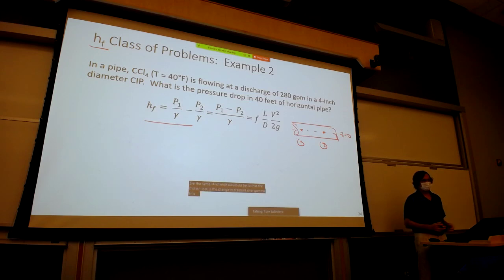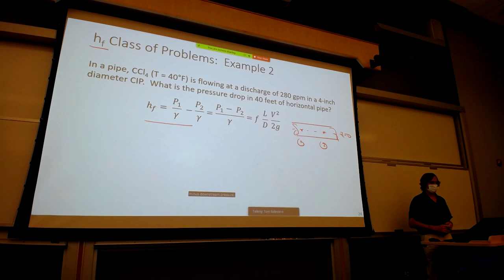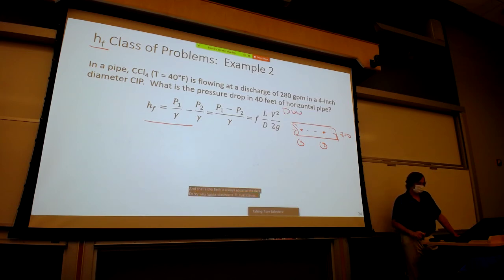This is what we derived on the previous slide. Upstream pressure minus downstream pressure divided by gamma. And that H sub F is always equal to the Darcy-Weisbach statement, FL over D times V squared over 2G.